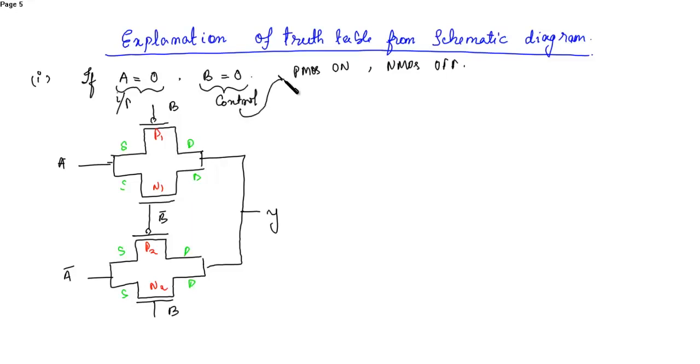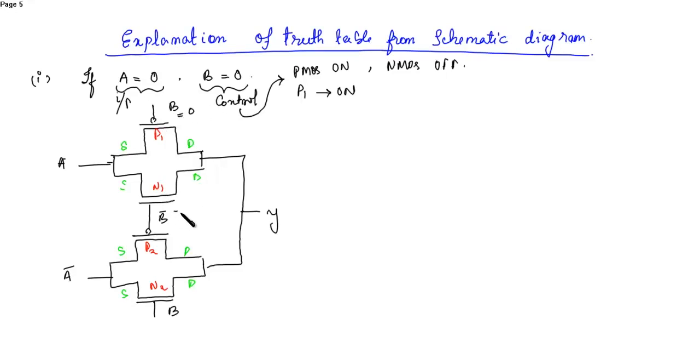So this will decide whether the PMOS will turn on or turn off, similar with the NMOS. So here when B is 0, then this P1 will turn on. So P1 will turn on. Here B bar is given to N1, so N1 will become 1.